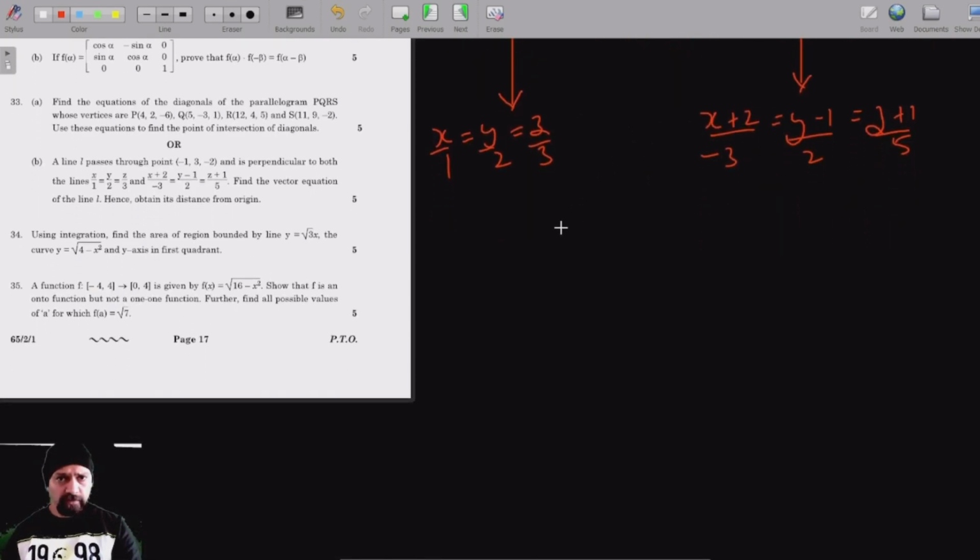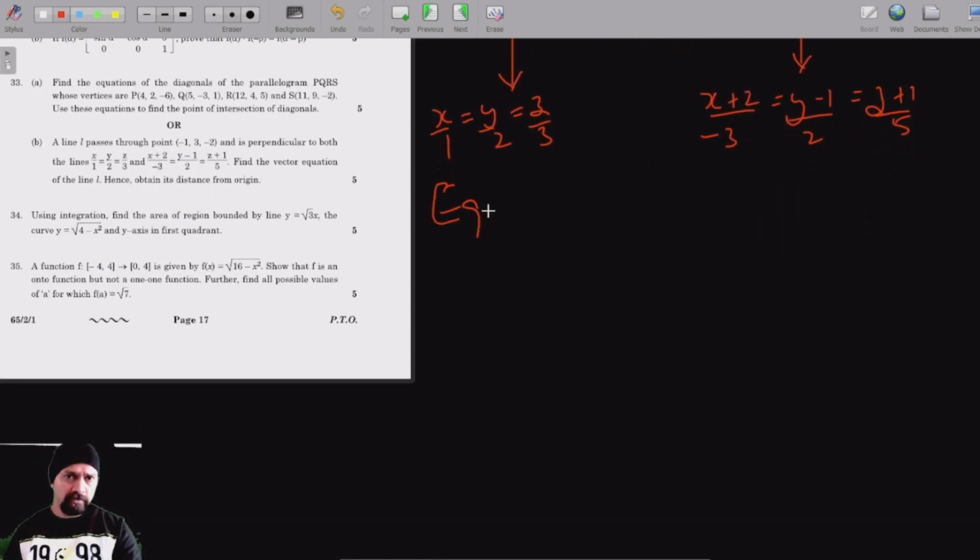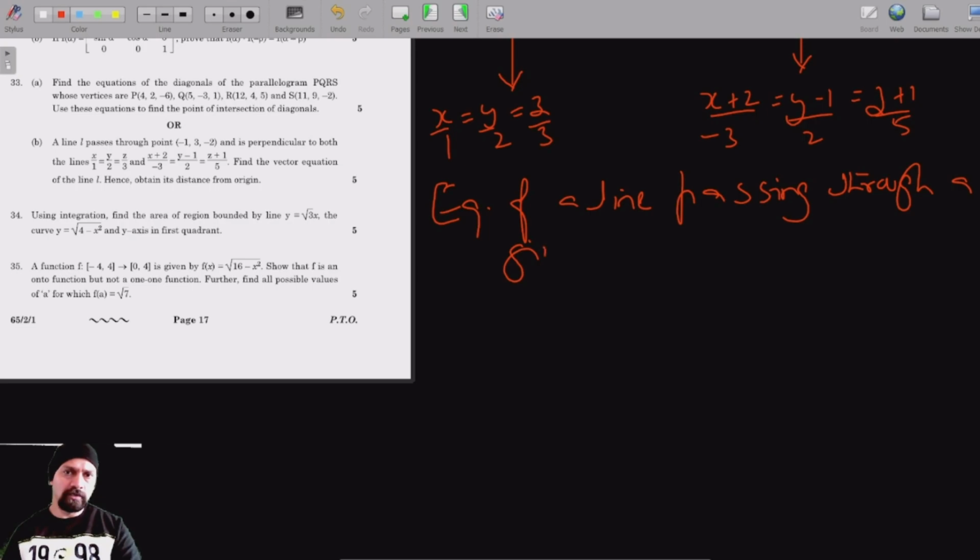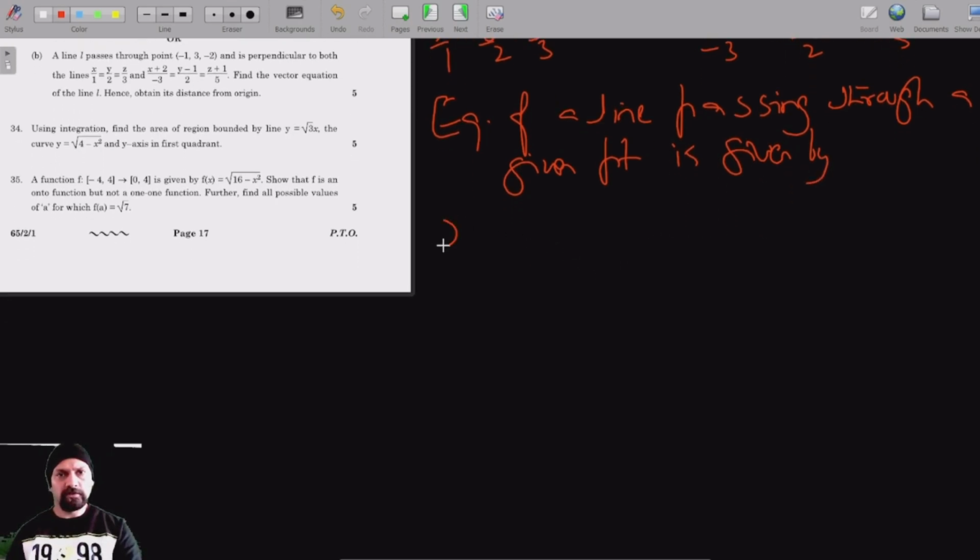Now, equation of a line passing through a point, we know that the equation of a line passing through the given point is given by (x minus x1) upon a is equal to (y minus y1) upon b is equal to (z minus z1) upon c.